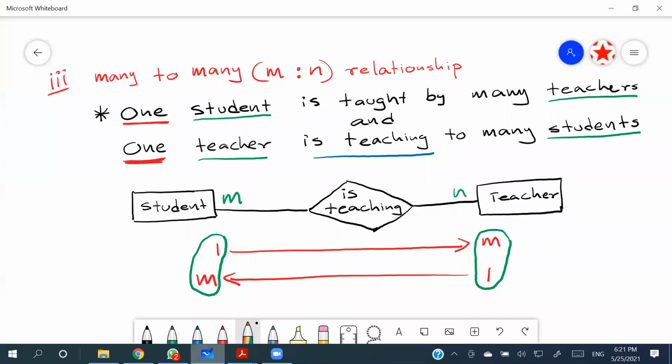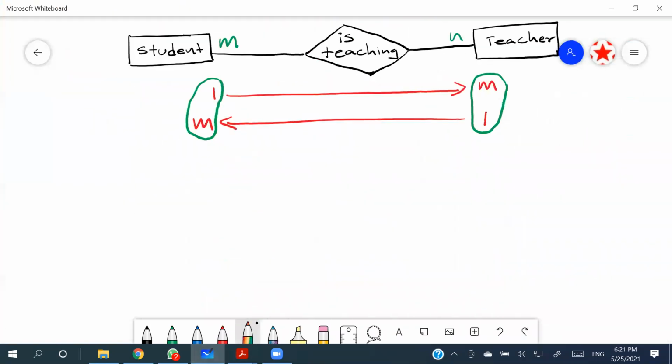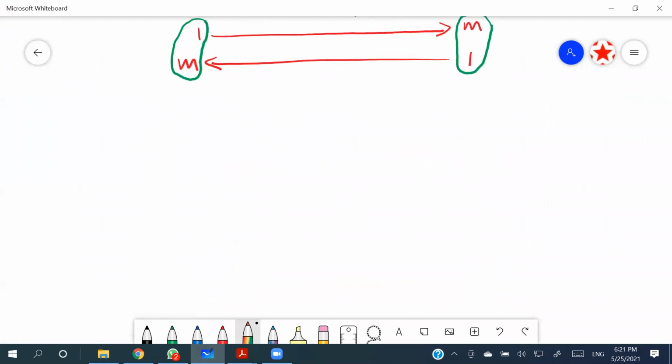Now when you are drawing it, remember it's better you maintain your page like this: draw the entities at the corners of your page.